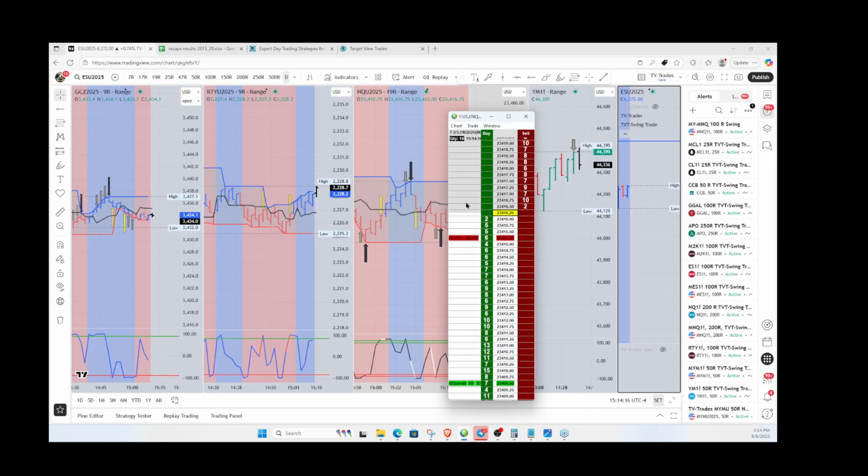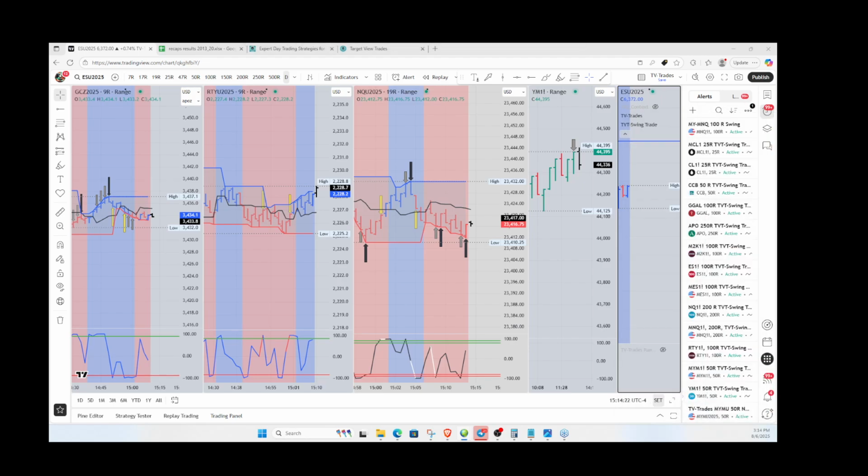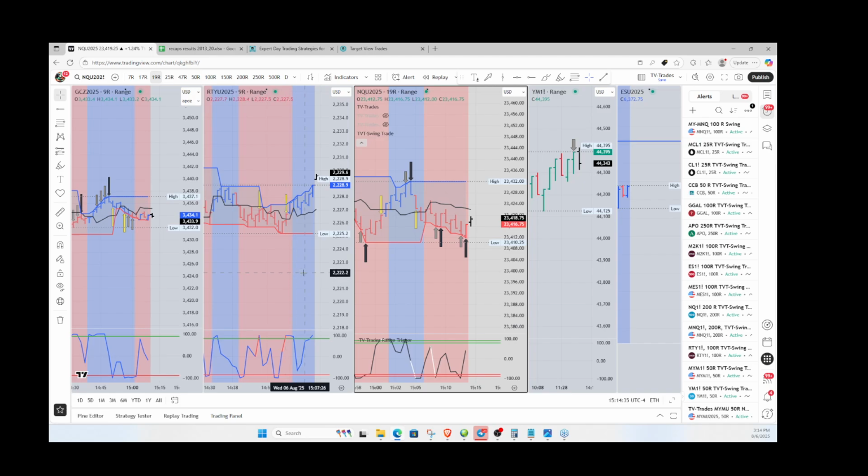Was I long on the NQ or short on the NQ? I was short on the NQ, so I was in profit. I don't know what the heck I did. I left the trade on. I'm not going to count that because I was not doing anything with it. I was in profit. I don't know how the heck I ended up with a trade on that. Was it a down close in here? That wasn't a valid trade. Anyway.